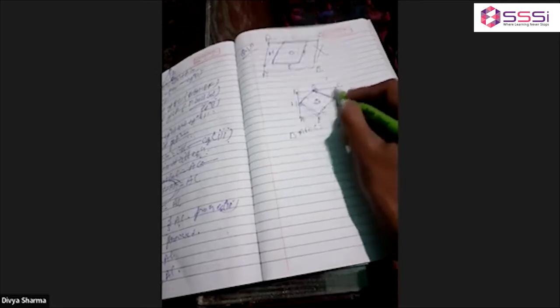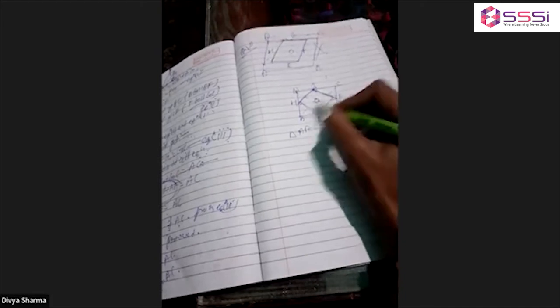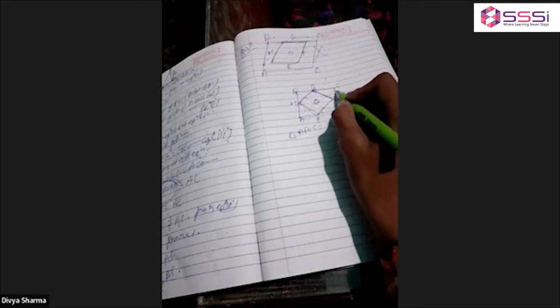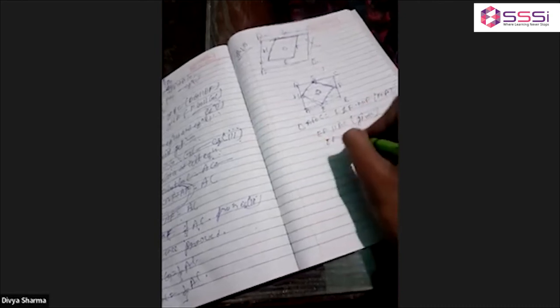This line which we have constructed, EF, is parallel to the line AC. So EF will be half of AC by using the midpoint theorem. Yes, ma'am. EF is parallel to AC, that is given, so EF will be half of AC by using MPT.